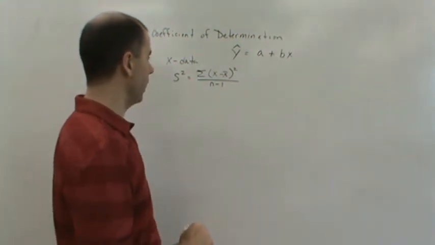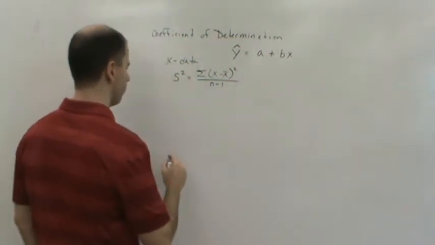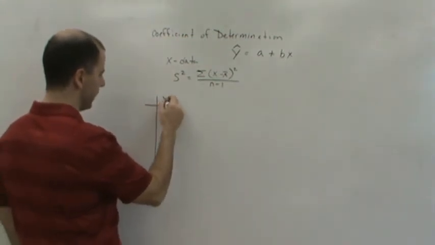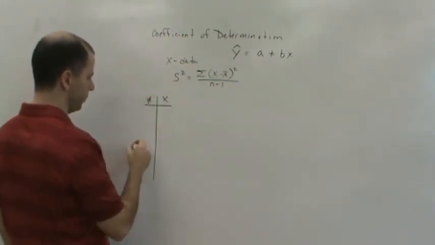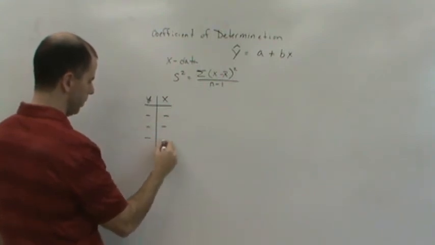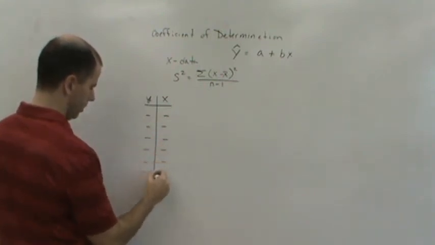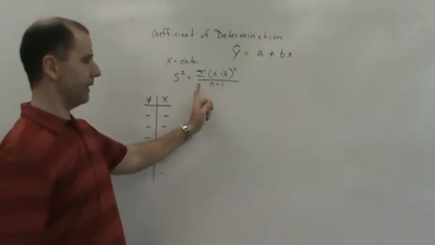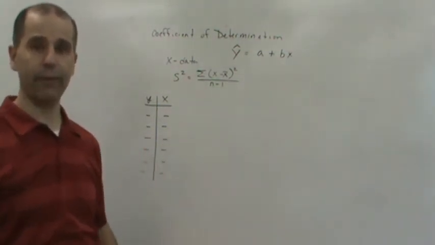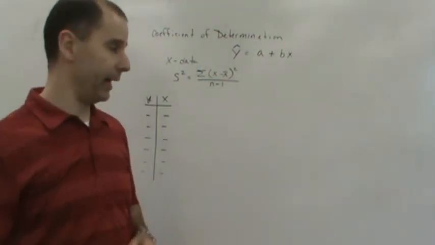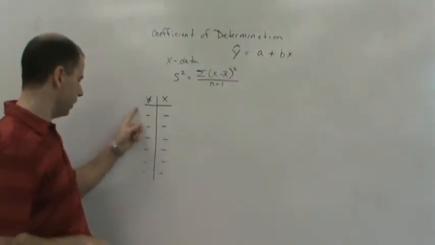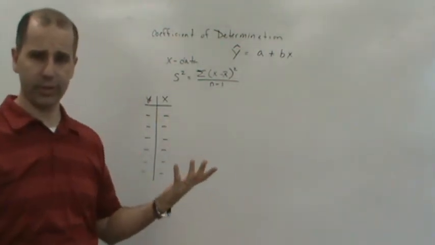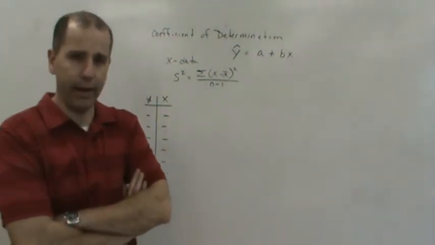In other words, we've got a data set that involves two things: x values and y values. So we already know that in the x data set, we're going to have variation. And also in the y data, if we took the standard deviation or variance of the y's, we're going to have variation there.